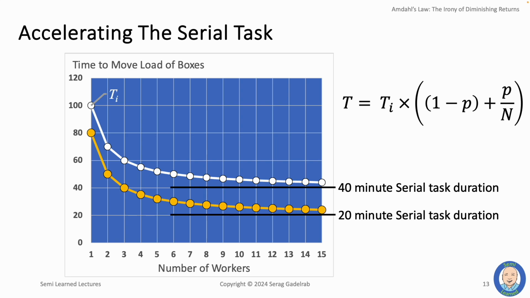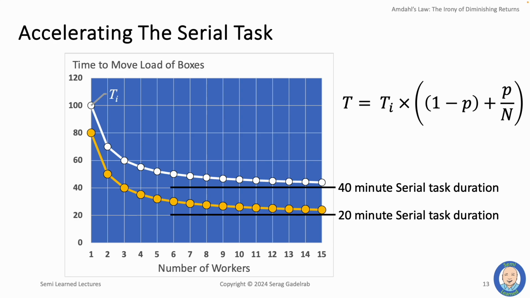In computer science and computer system terms, this would be equivalent to inventing a new algorithm for the serial task so that it does not require as much time to complete. In either case, Amdahl's law tells us that parallelism only helps for the parallelizable portion of the task, and that eventually we must work to reduce the duration of the serial task if we're going to get any additional speedup.